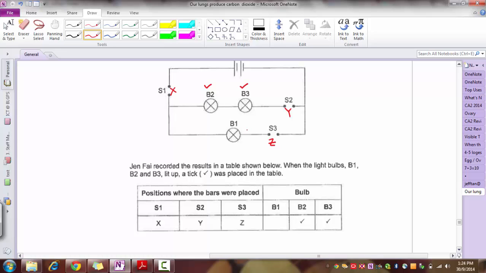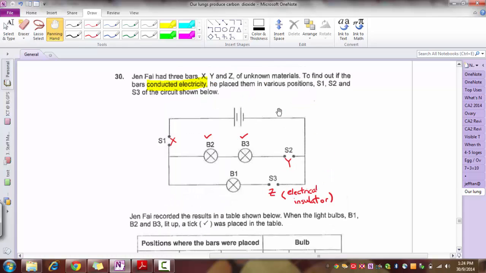Now, it is very obvious that B1 does not light up because Z is an electrical insulator, so electricity cannot pass through. X and Y must be conductors, so that electricity can flow down and back again.